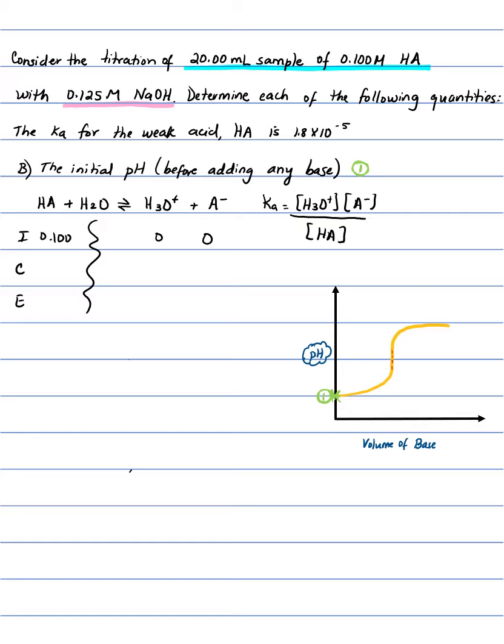Now we move to the change, and the initial concentration of your weak acid will be decreasing by X amount, and the concentration of your ions on the product side will be increasing by X. So we have 0 plus X, which is giving you X for hydronium, 0 plus X, which is just giving you X for your conjugate base. And then for the acid, we have 0.1 minus X as the equilibrium concentration.